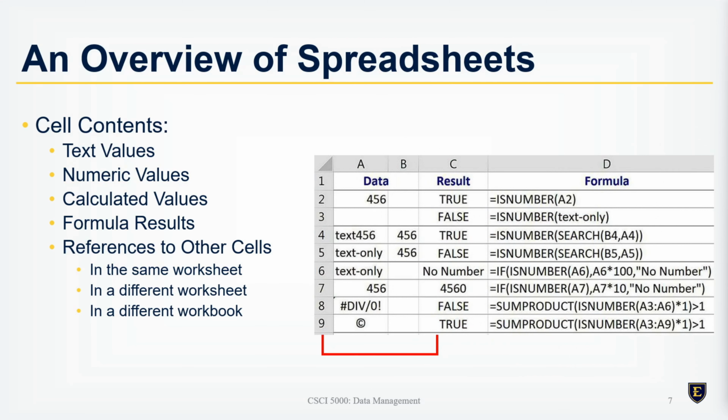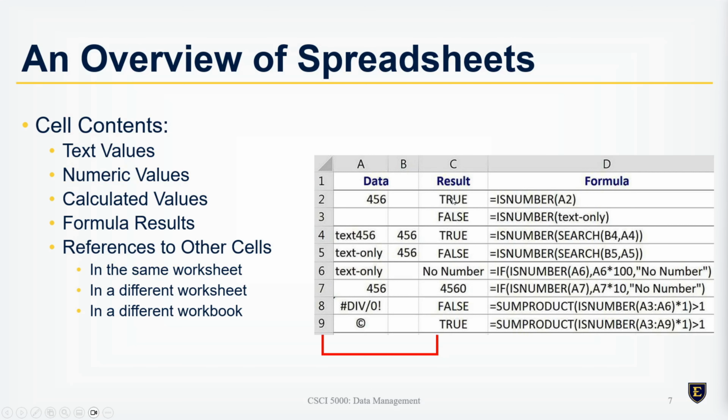So here are some more examples of formulas. So formulas are not necessarily just calculations. Formulas are also function names. So we can say ISNUMBER A2. So this is checking the value that's stored in cell A2, and it's returning a result that says is it a number or not.